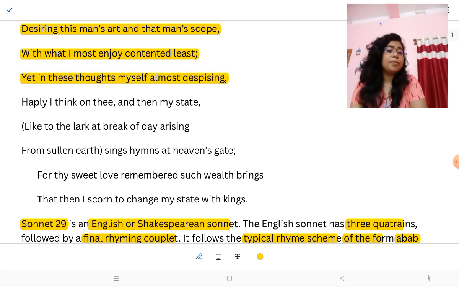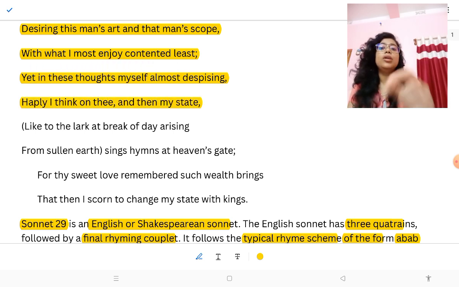So he said that in these thoughts, when I am despising myself, when I am depressed, and when I am in a totally frustrated state, haply I think on thee.